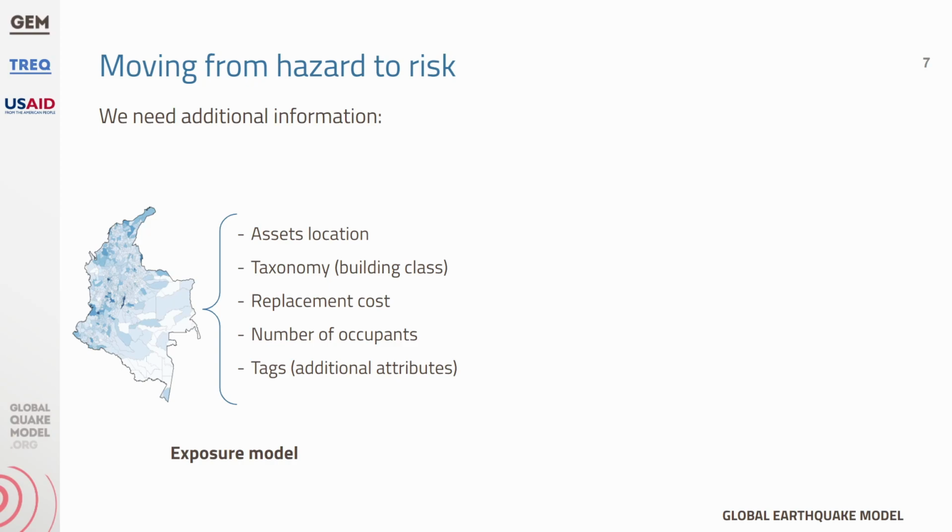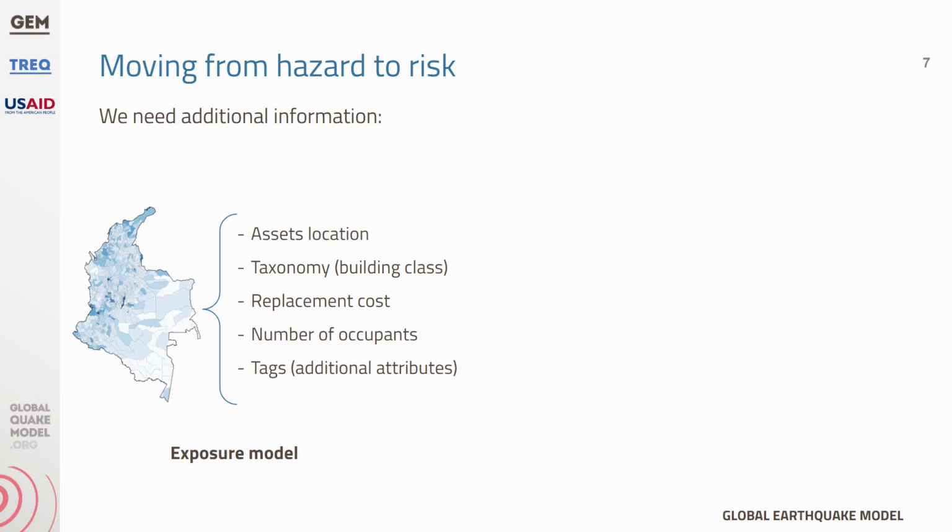First, an exposure model that features the geographical location of the physical environment and its inhabitants, the population, namely our assets, and also their corresponding characteristics, as we have seen previously, their physical characterization through a taxonomy or a building class. For example, one-story wooden houses, three-story masonry buildings.